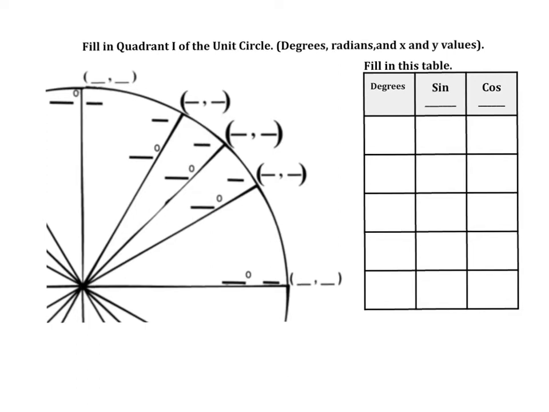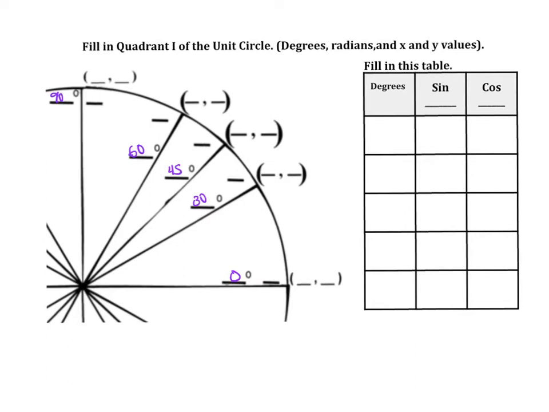You really just need quadrant 1, because once you find the reference angle, everything is going to refer back to this. Hopefully you did the practice of filling out a unit circle, and you see that it is all related. Now, let's fill out degrees first. This is 0, 30, 45, 60, and 90 degrees.